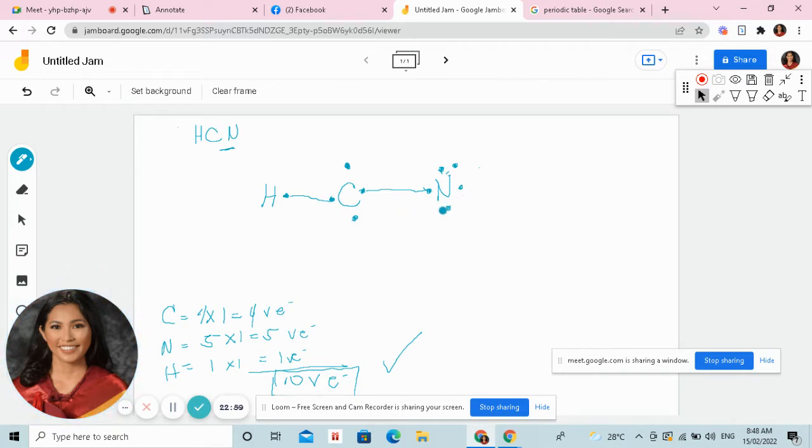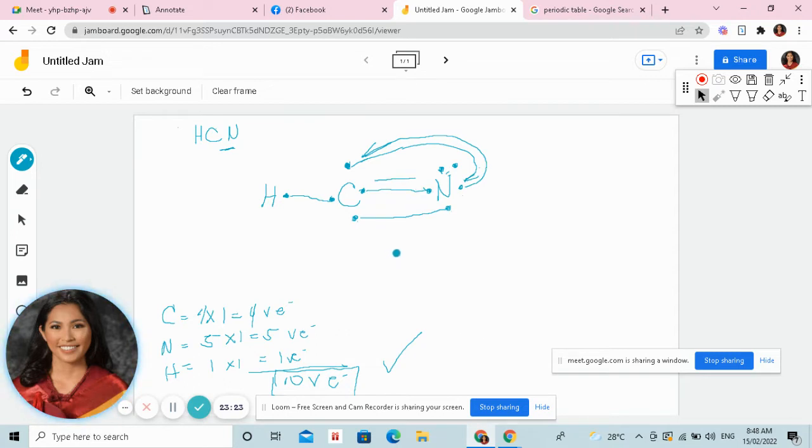To the electrons of another atom. So this electron and these electrons, they will form a bond. And these electrons too will be shared also here, forming a bond.